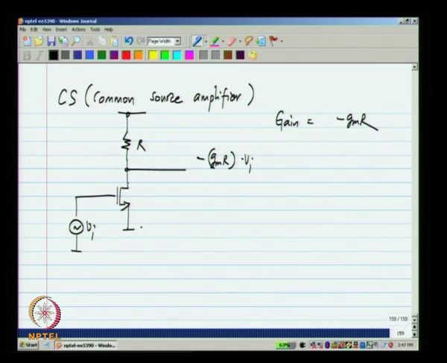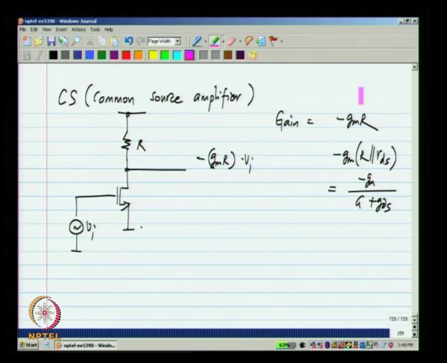Now, if you include the output conductance of the MOS transistor, it is really minus GM R parallel RDS or minus GM divided by G, which is the conductance corresponding to this element, plus GDS. Now, a lot of times we would be operating in the regime where R is much smaller than RDS.